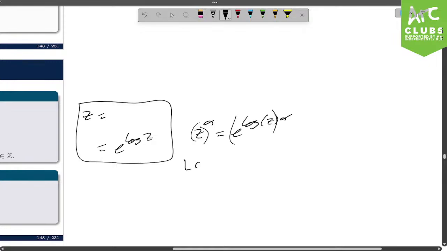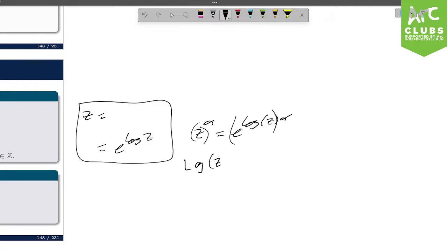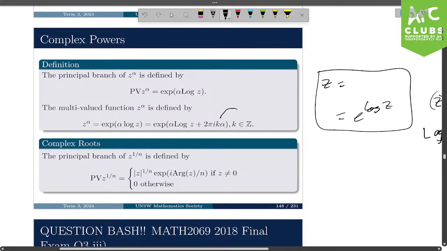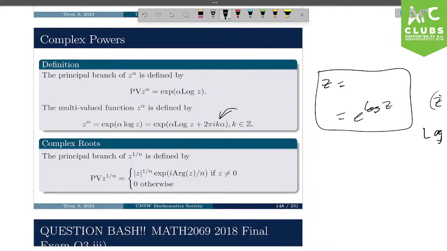So if I say, okay, log of z to the alpha, it just gets rid of this e, brings down everything on top, which will just be alpha times log z, which we understand just from log rules. But it actually gives us a nice result, especially when we want to find a specific value for it.